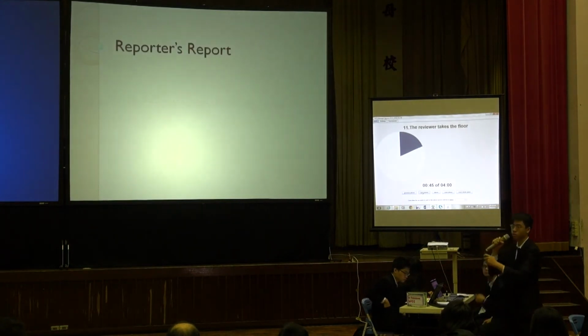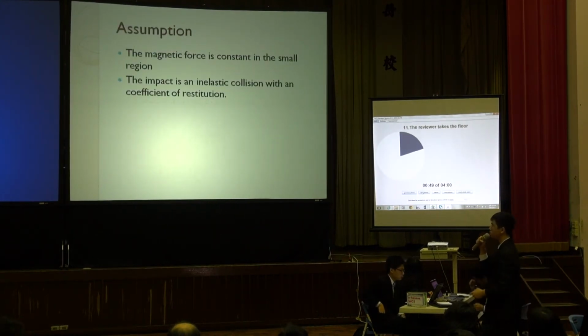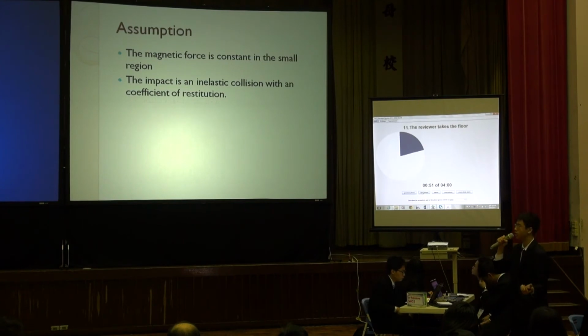Okay, so first we will take a quick look at the reporter's report. For the assumptions that the reporter has made, the reporter assumes that the magnetic force is constant when it is in the small region.